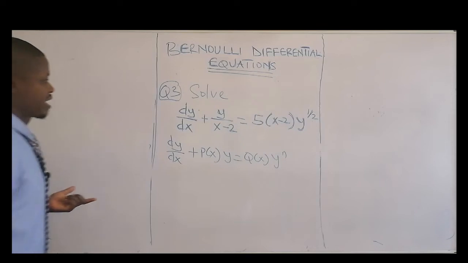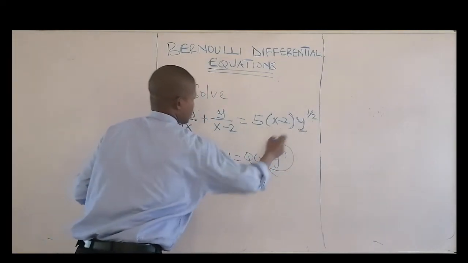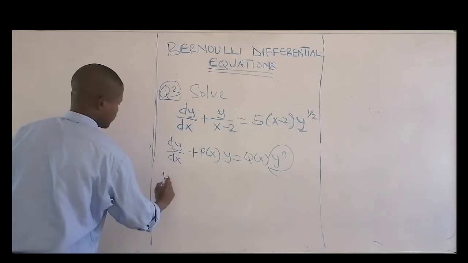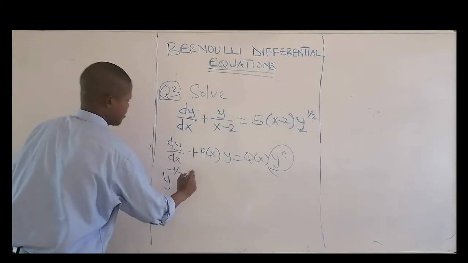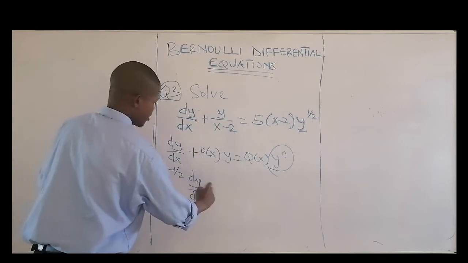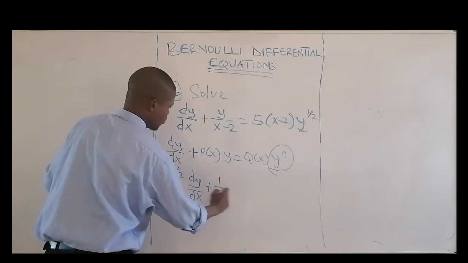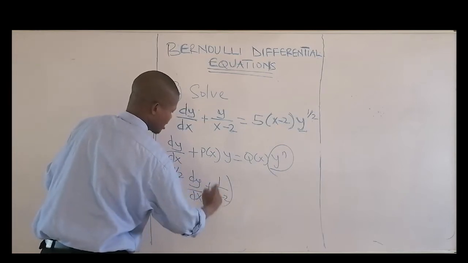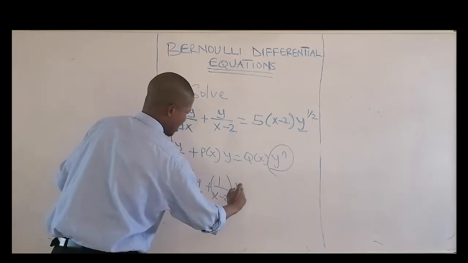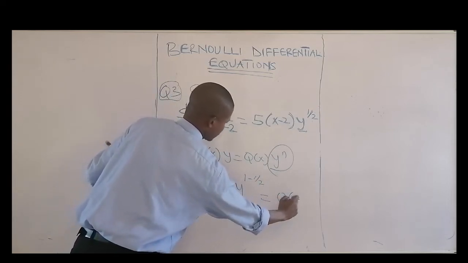So don't forget step 1: divide it through, so then you have y to the minus half dy/dx, then plus, you can isolate the y, so you have 1 over x minus 2 times y to the power 1 minus half, equal to Q of x.